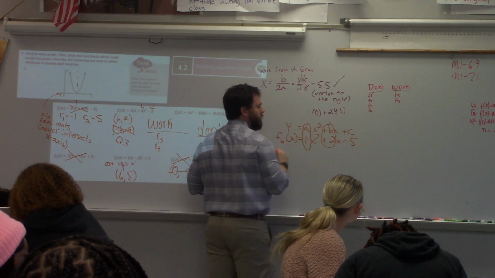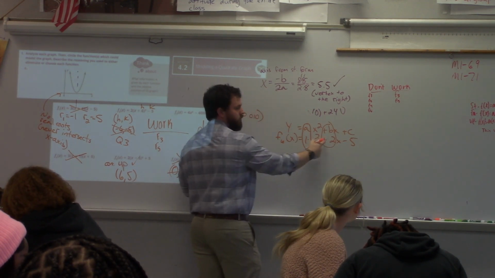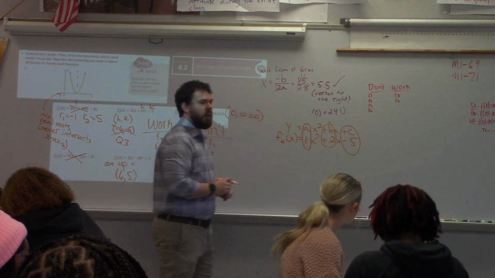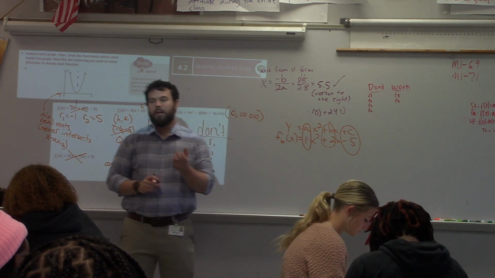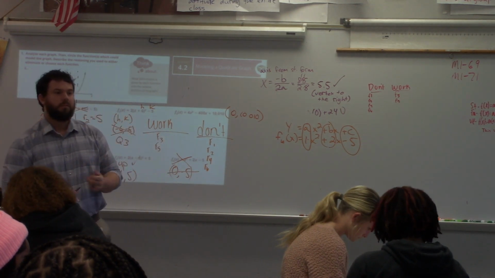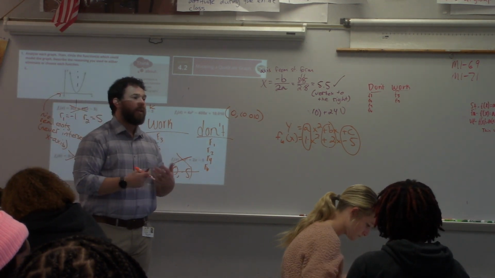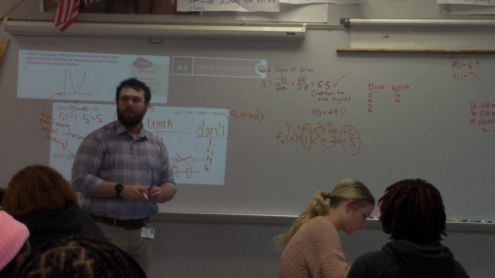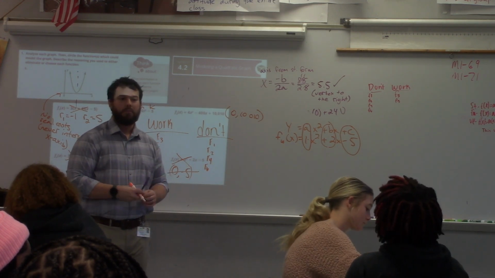B is a 2. C is a -5. And I'll point this out, and this is important here. C is not the only problem with f6. It's not quick and easy to see, but what other feature can I find from that standard form that's important?